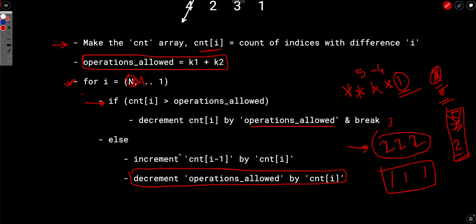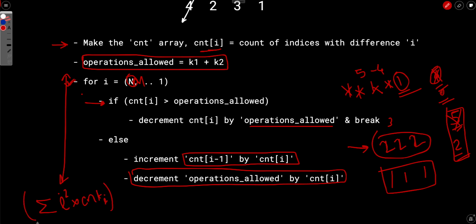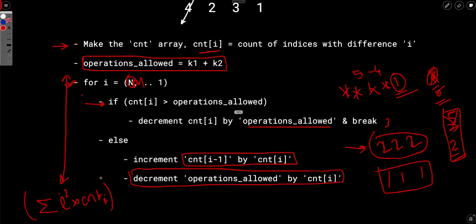Similarly, we just incremented count of I minus 1 by count of I. So after this loop ends, count of I will contain how many indices are there which have difference I. So we can just do the summation of I square into count of I. That will be our answer, right? So hope this entire solution makes sense.